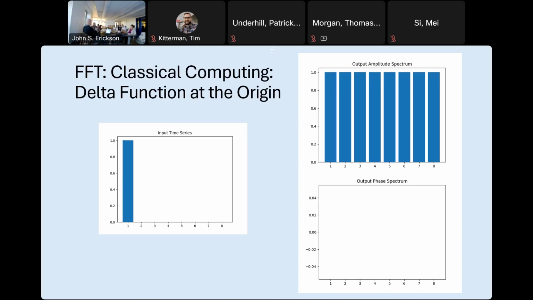So the easiest thing to do to sort all this out in your mind is to perform tests with some very, very simple things, because these are extremely easy to remember, and they're known results. So you start with a delta function of size 1 at the 0 location in the input array, and you run it through, and what you get is a flat amplitude spectrum. So for all 8 outputs, the amplitude spectrum is 1 and the phase spectrum is 0.